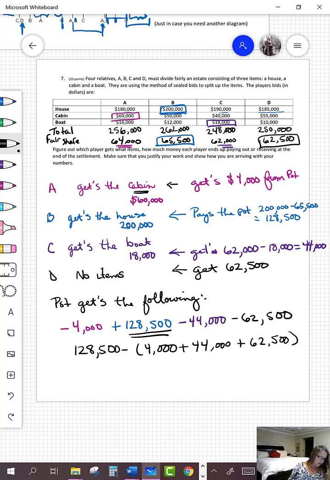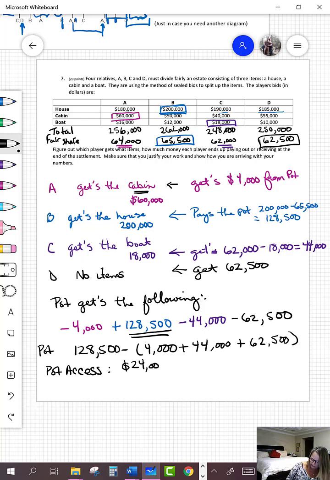And so the pot has an excess, if you do this. After we pay out all the players, and the players who needed to pay have paid, the pot has extra of $24,000.